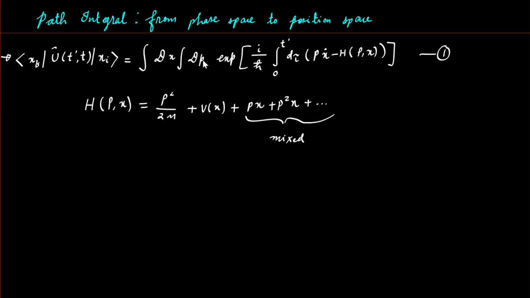Then the integral over the momentum can be carried out explicitly. This is our claim, and after doing the integration, we will see that the path integral in phase space automatically reduces to the path integral in position space. This is the motivation for this class.